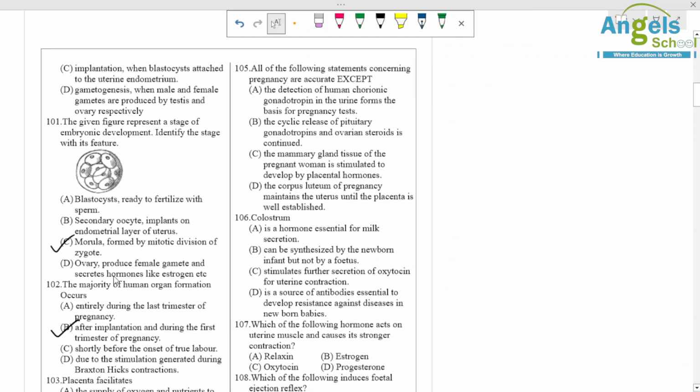Question number 105. All the statements concerning pregnancy are accurate except, so the first statement is the detection of human chorionic gonadotropins in urine forms the basis of pregnancy test. Cyclic release of pituitary gonadotropins and ovarian steroids still continue, so this is the wrong option.